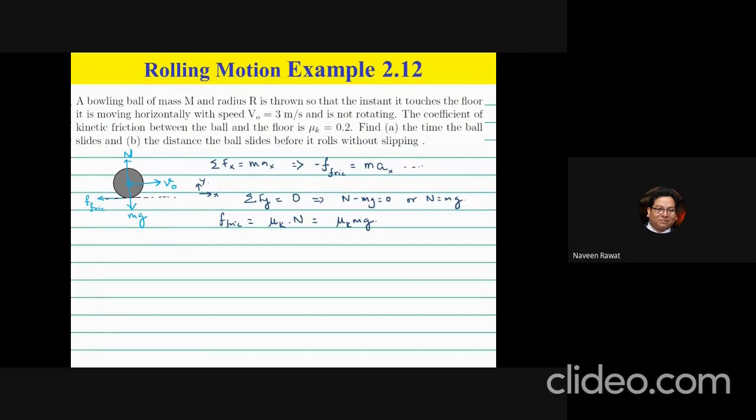When I plug this into equation 1, I get m a x is equal to minus mu k m g. The m cancels, so my acceleration is equal to minus mu k times g.